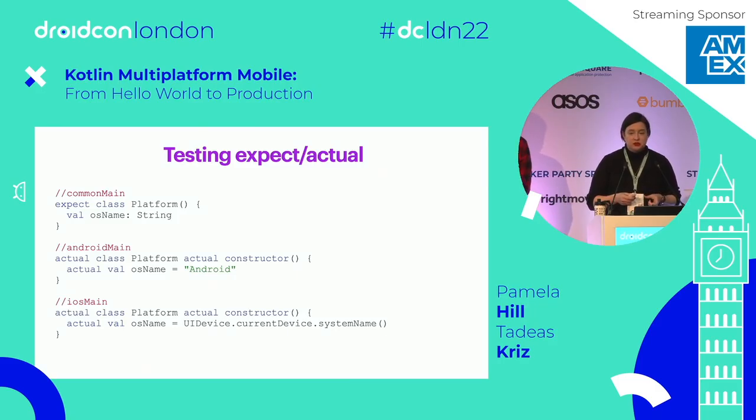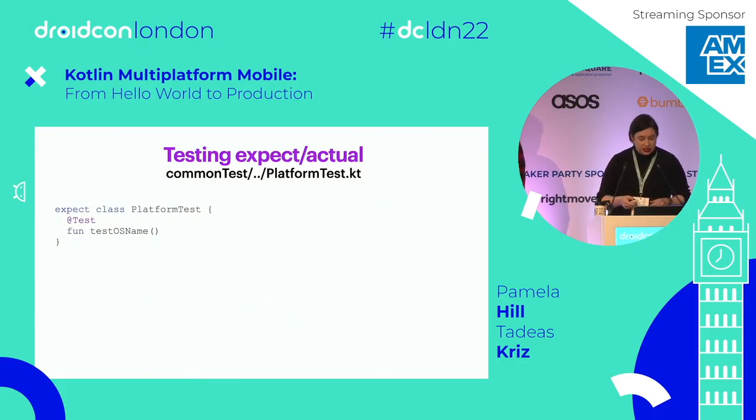In androidMain, we just hard code, we actualize, I don't know if that's a real word, but I just made it up. We actualize Platform and we assign Android to that OS name. But in iosMain, we actually use iOS classes, functions, and properties in order to determine the system name, which should be iOS.